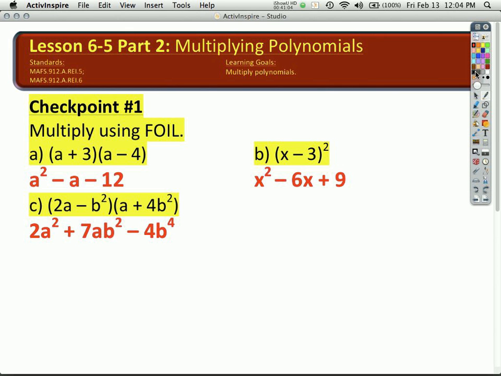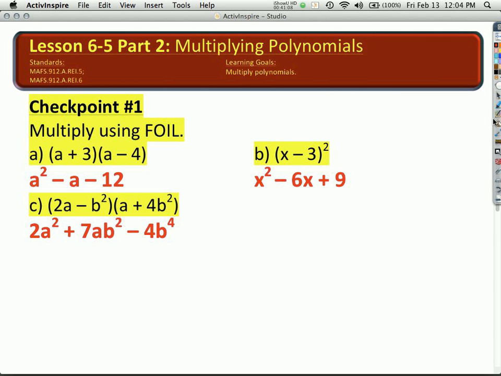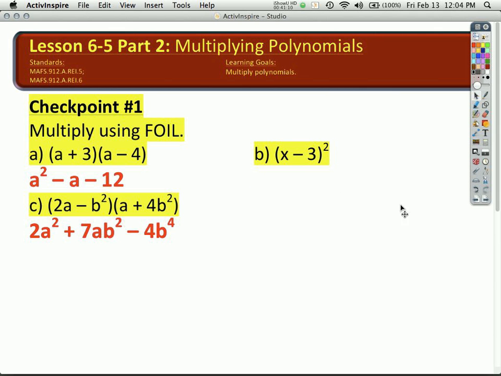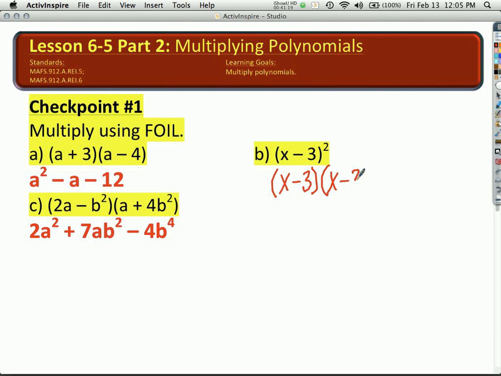So, I want to talk about part B because 2 out of the 3 students that I called on got it wrong. So, I want to talk about the fact that this really means x minus 3 times x minus 3. First terms, x times x.